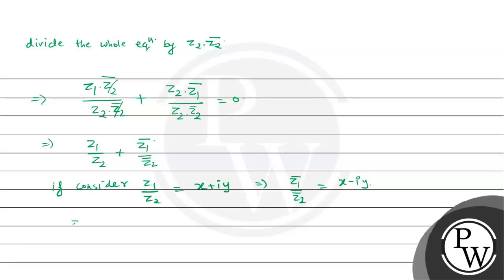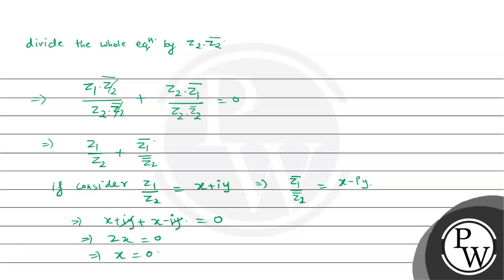So let us put these values and see what we get. x + iy + x − iy, the iy gets cancelled. We are getting 2x = 0. This implies x = 0.